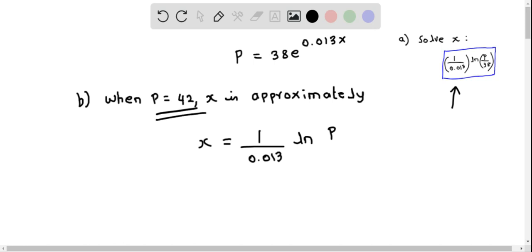So in place of p, I'm going to replace it with 42. So I can put 42 for p over 38. And when we plug this expression into the calculator, we get approximately x as 7.7 years.